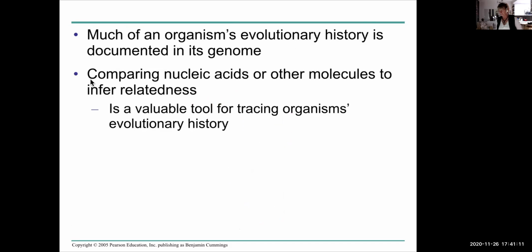And evolutionary history is documented in a genome. We can compare nucleic acids or other molecules like proteins, for example. It's a very valuable tool for tracing evolutionary history because you would expect closely related individuals to have very similar DNA.